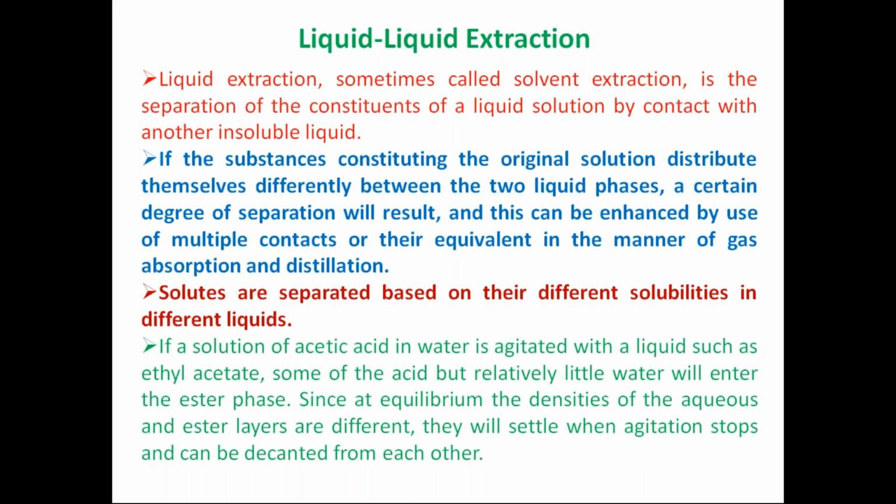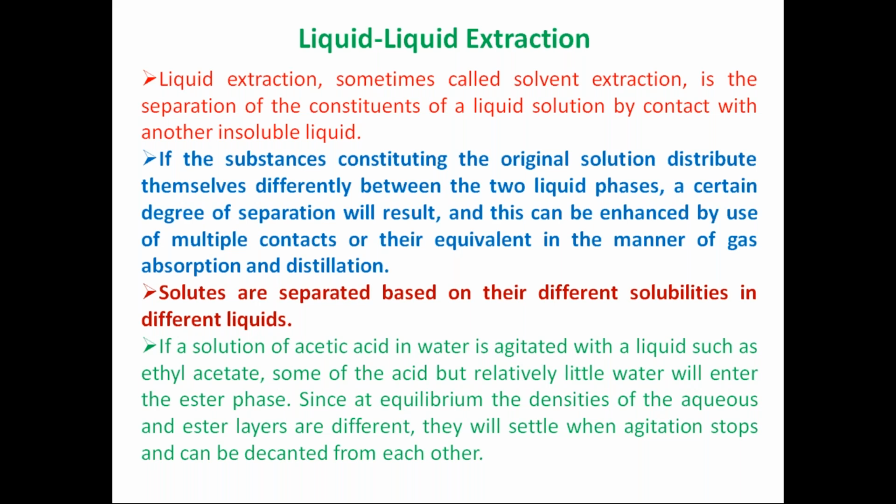If you take a solute which may have solubility in different solvents, let us call solvent A as having solute C. Then we require solvent B, in which the C component can get dissolved, and therefore it can be separated.